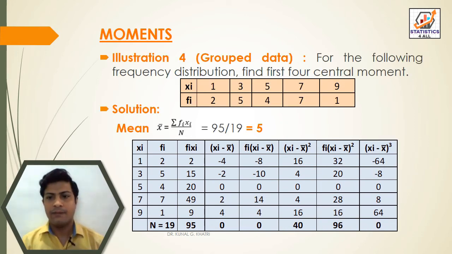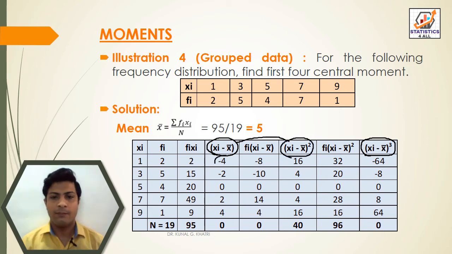So here xi minus x bar whole cube, that is xi minus x bar into xi minus x bar whole square. So here minus 4 into 16, that is equal to minus 64. Then minus 2 into 4, that is equal to minus 8.